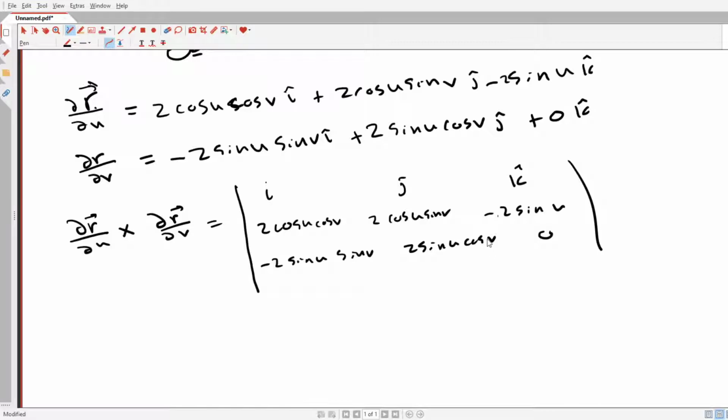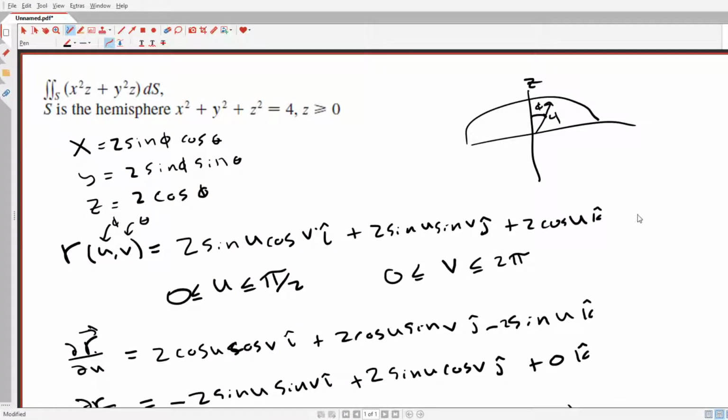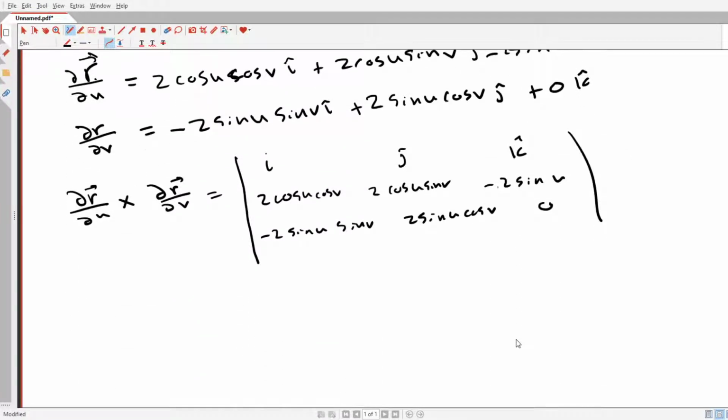Real quick, what this cross product represents is the direction outwards from this surface. I have r sub u going in this direction, and r sub v going perpendicular to that. So the cross product gives me this direction that's outwards to the surface. We'll see why that's useful later.